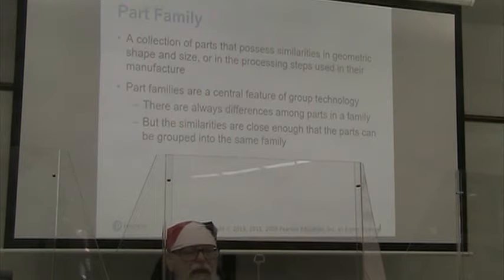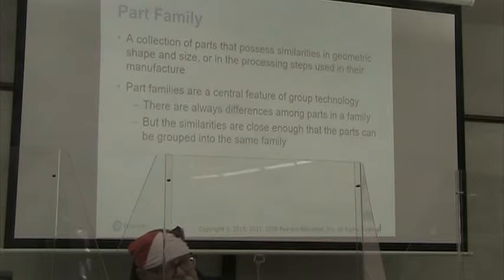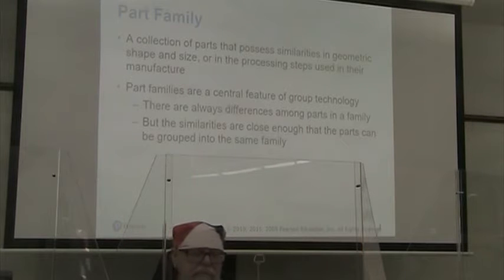So our part families are a central feature of our group technology. There are always going to be differences amongst the parts in a family, but the similarities should be close enough so that the parts can be grouped together in the same family.